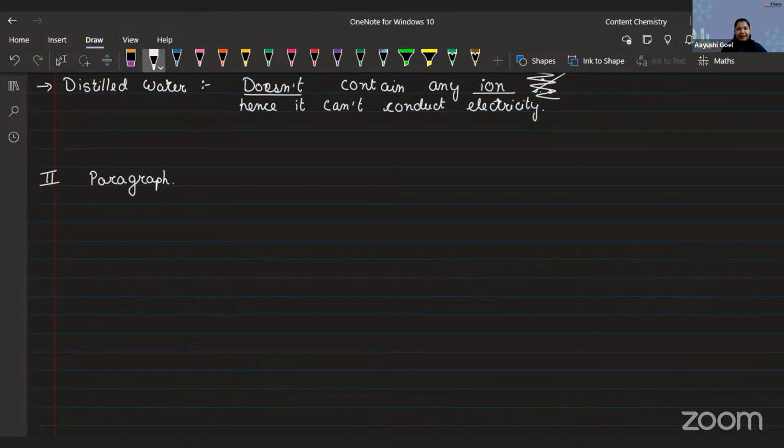So let's understand this with a question. Let's say they have given me a question: copper sulfate is hydrous and anhydrous. Explain it with an activity. Okay, that is my question. So how will I explain this with an activity? Now first, I'll write the points.